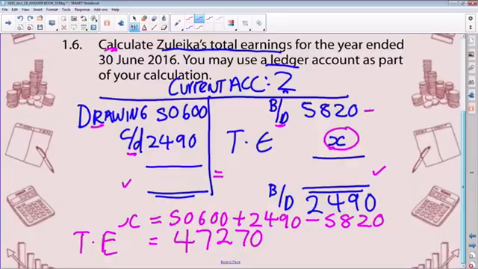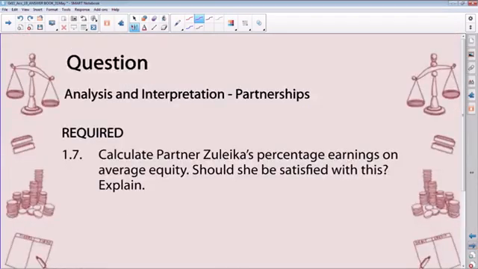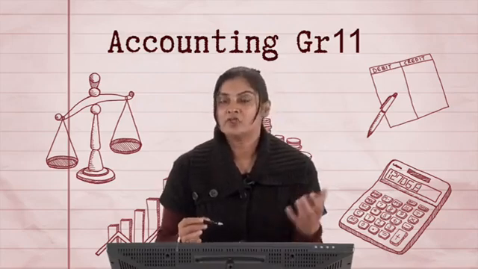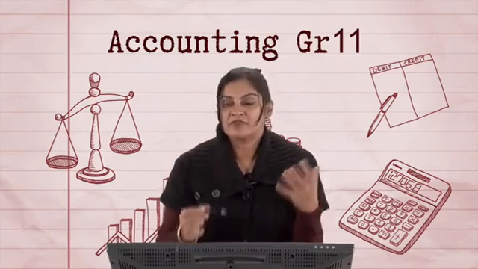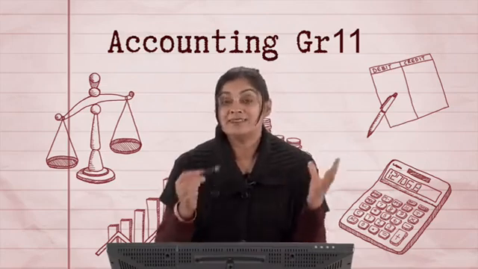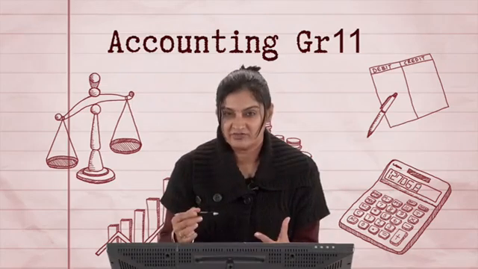So we've done our current account and we've calculated our total earnings. Let's now move on to our next question. Question 1.7 wants you to calculate partner Zuleika's percentage earnings on average equity. Should she be satisfied with this? Explain. In other words, when partners invest in a business, they expect to earn sufficient profits to earn a decent return on their investment.